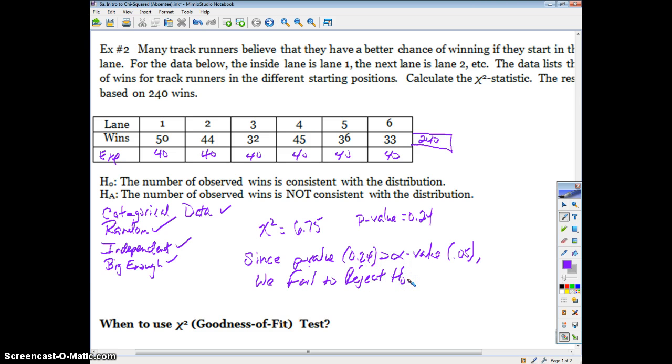Now, does that mean that each lane is okay? Well, these numbers show that it's okay. Again, we don't accept anything, we just fail to reject. So the number of observed wins is consistent with the distribution. All right, so the data looks fine.